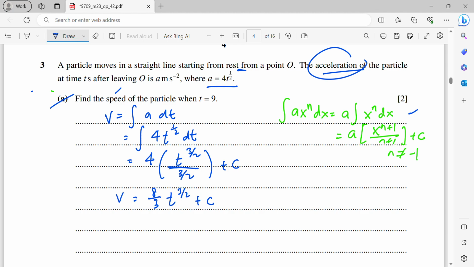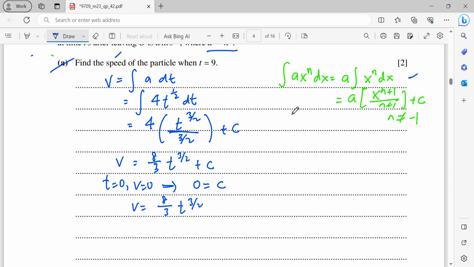Alright, that is our v, but you have the c there. So now use the concept of starting from rest, which means that when t equals 0, your v equals 0. Which means now 0 equals c. Then I will get the v by replacing the c with 0. So this is my expression for v, which is a velocity.